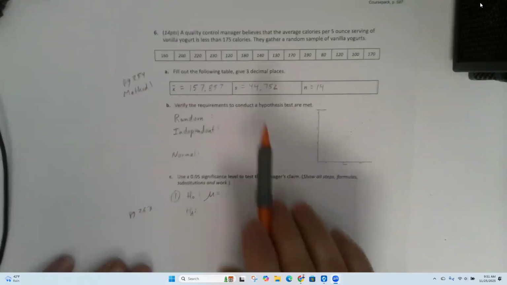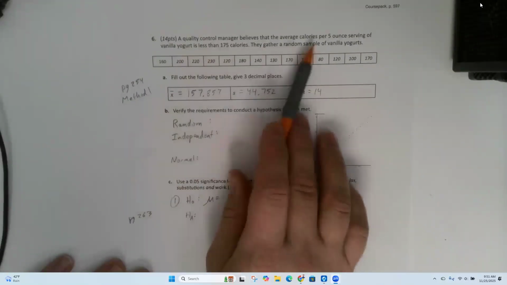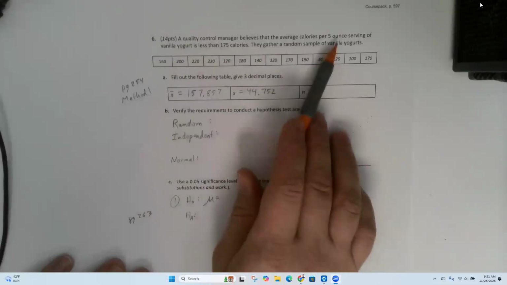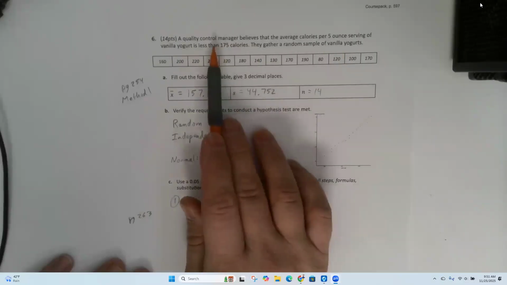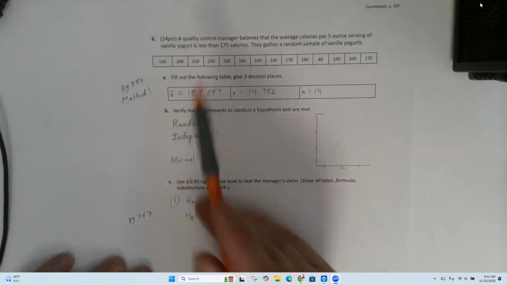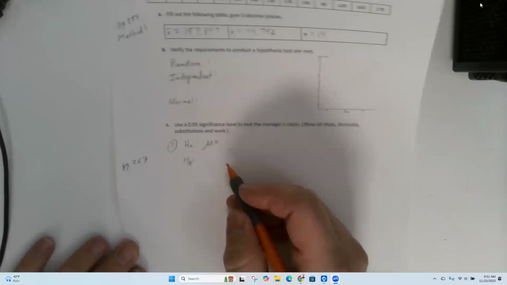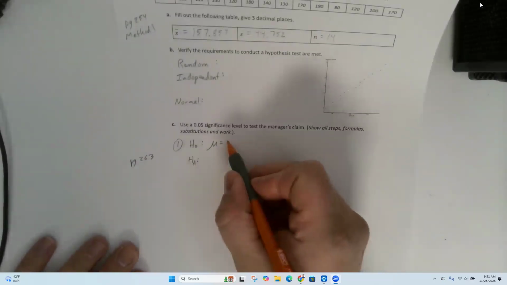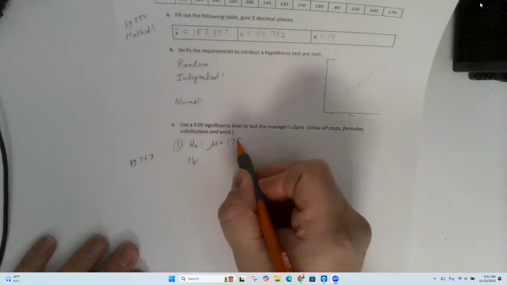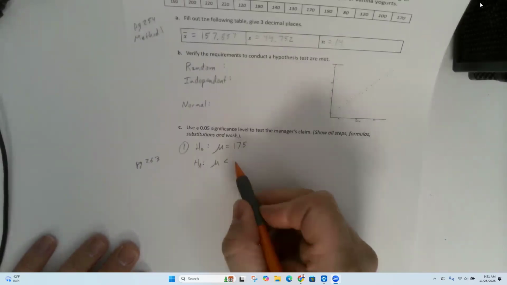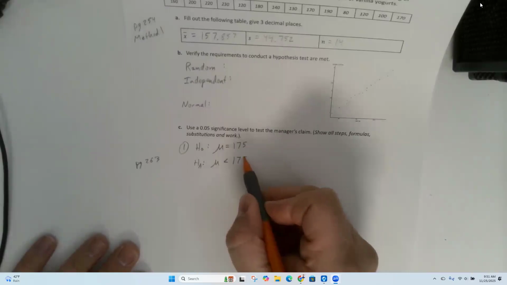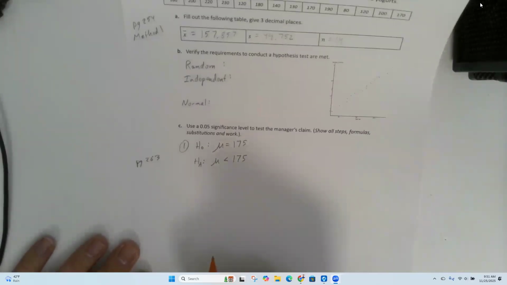In this case, we're testing whether the average calories for 5 ounces of yogurt is less than 175. So your null hypothesis is always going to be equals 175. And the alternative will be less, greater, or not equal. In this case, we're looking at less than.